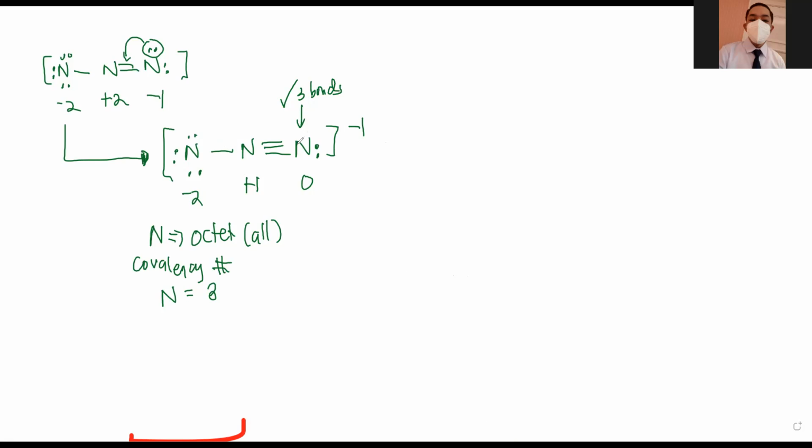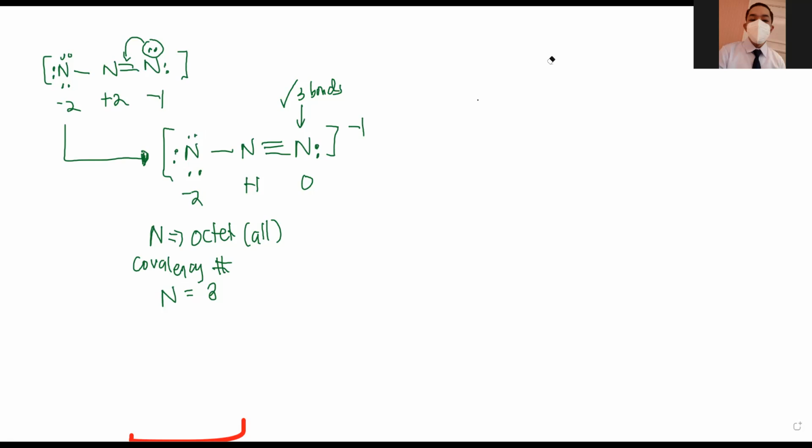Where will it move? From the end with the single bond to the end with the 4. Is that even possible? Try the arrow pushing. Encircle the lone pair. Yeah, that's correct.